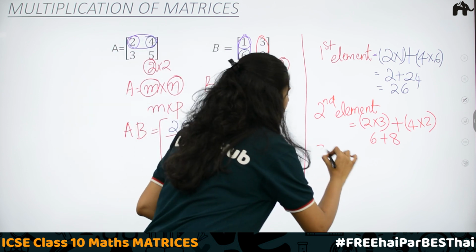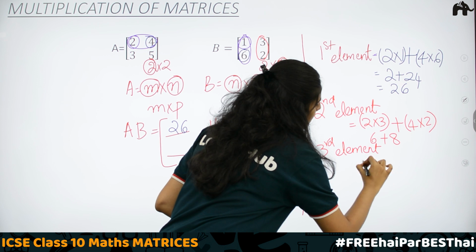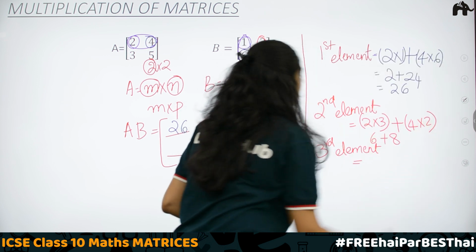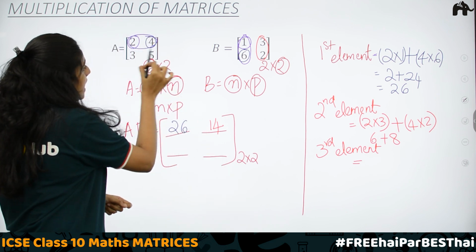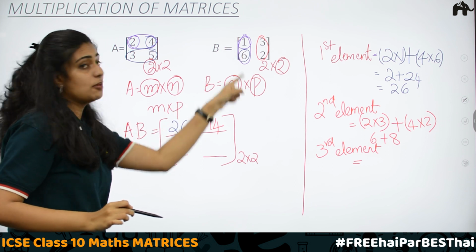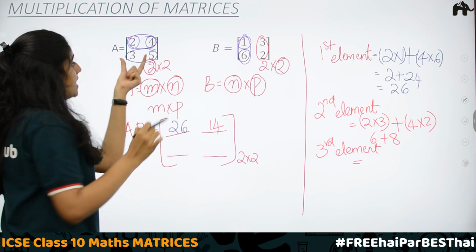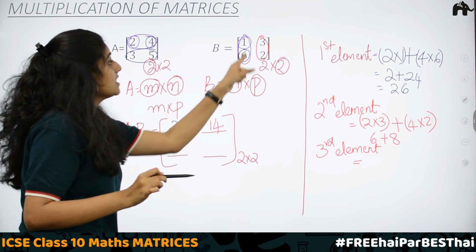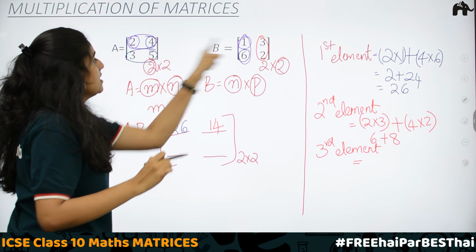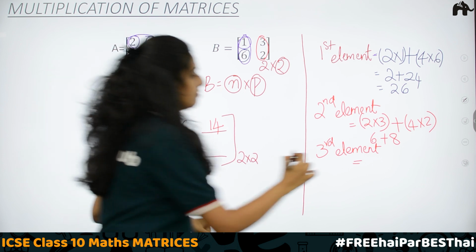Now, to get the third element, we have to consider the second row of the first matrix and the first column of the second matrix. Check the first elements. Here it is 3 and here it is 1. 3 into 1.